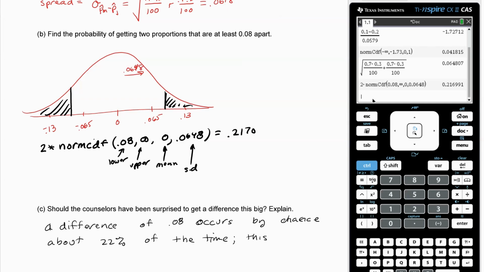So therefore, this result occurrence is therefore not surprising.